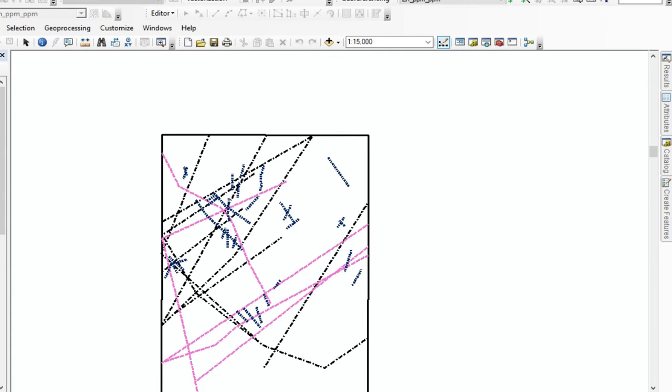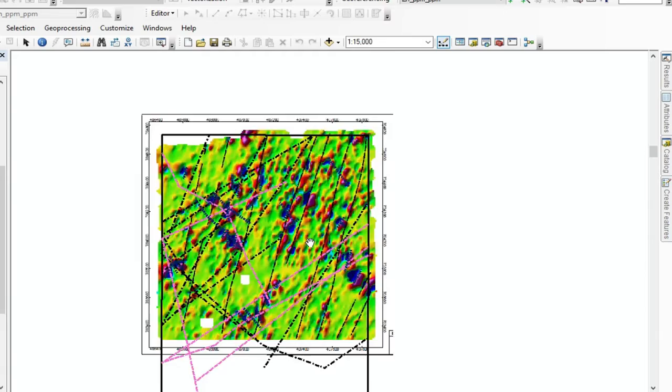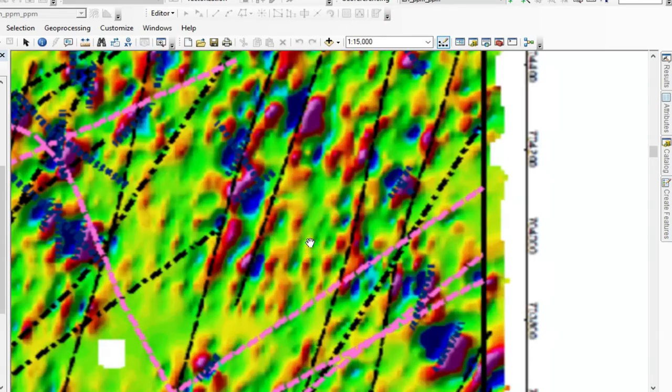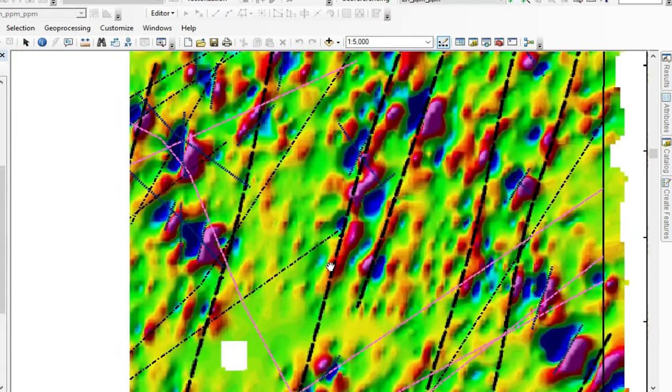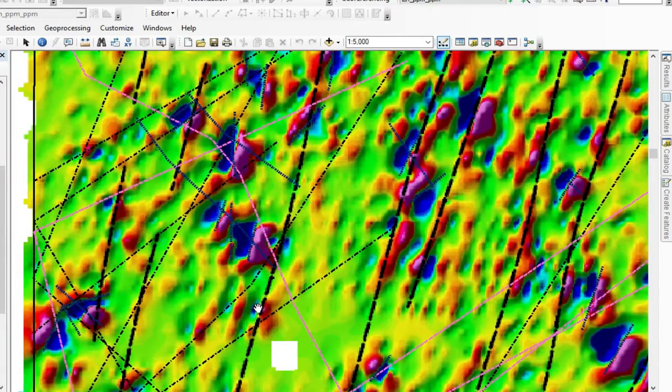Okay, let's look at some of the pictures of the detailed work that was done. You see, it's more detailed.